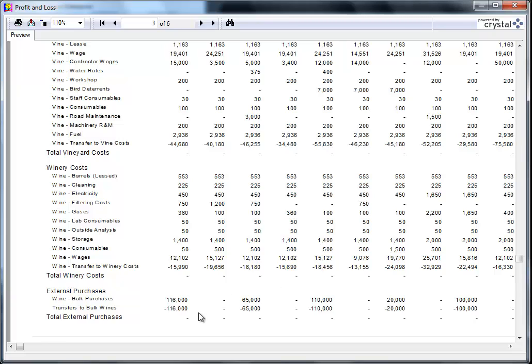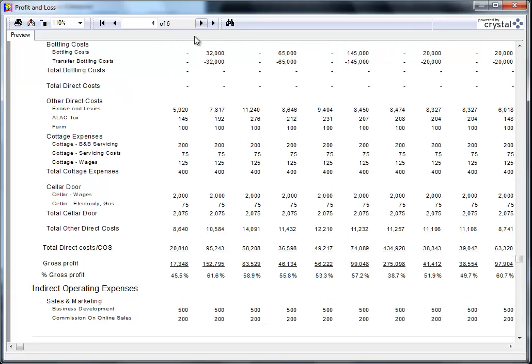Here we can see external purchases being transferred to bulk wines, and we can see the cost of bottling being transferred to bottled stock. The objective here is to make all direct costs and purchasing visible so they're not lost in the budgeting and cash flow planning processes.